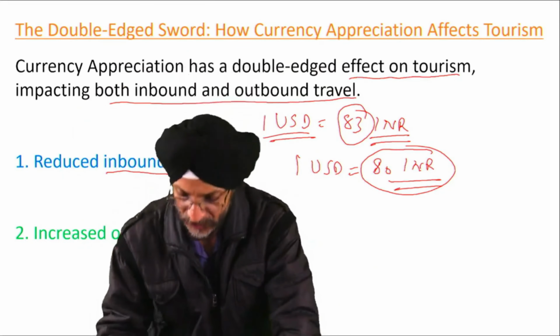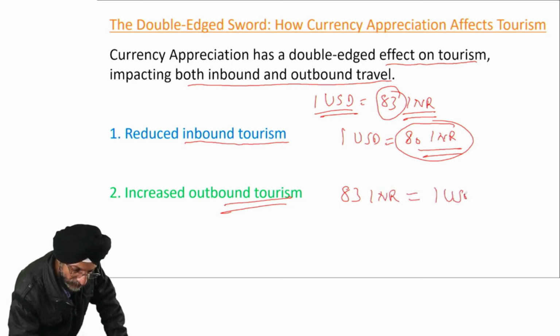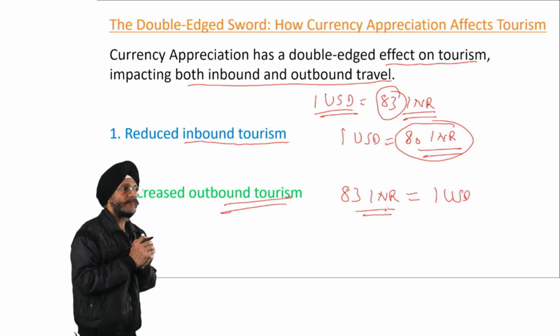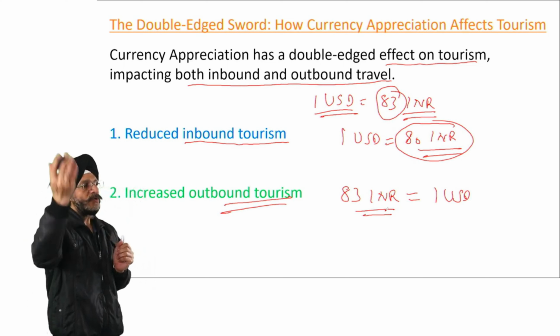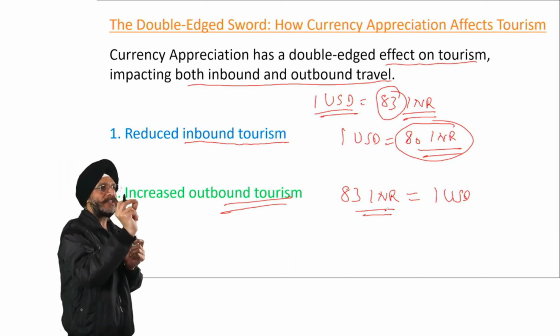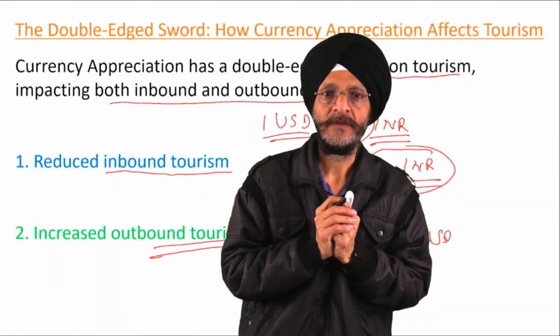How does it happen? Suppose at present 83 Indian rupees is equal to $1. So if an Indian wants to go abroad, say to the USA, to get $1 he will have to pay 83 rupees.